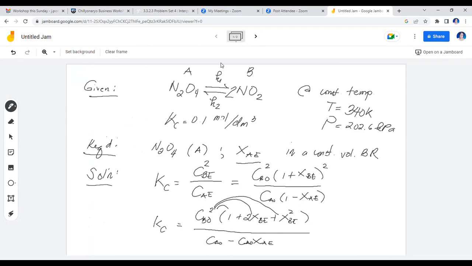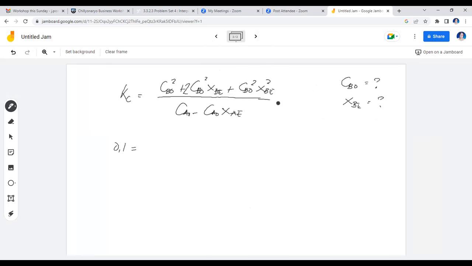So you are starting with pure dinitrogen tetraoxide. Based on that particular phrase, there's a way for you to determine the CBO, which initially we do not know. Now, how do we determine the CBO in this case? Anybody who has an idea on how we determine the CBO, or the initial concentration of B or of dinitrogen tetraoxide?